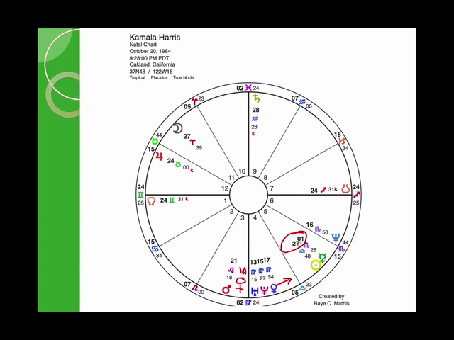If you're 27 degrees Libra, you go 27, 28, 29, 30, which is 0 degrees of the next sign, which is Scorpio. So the sun is 3 degrees from hitting Scorpio, and she has a planet at 1 degree Scorpio. So these planets are conjunct to each other.